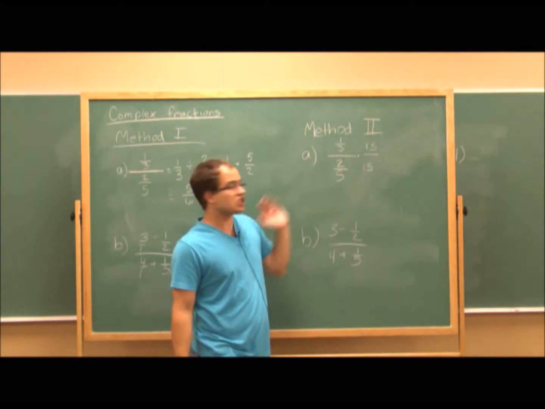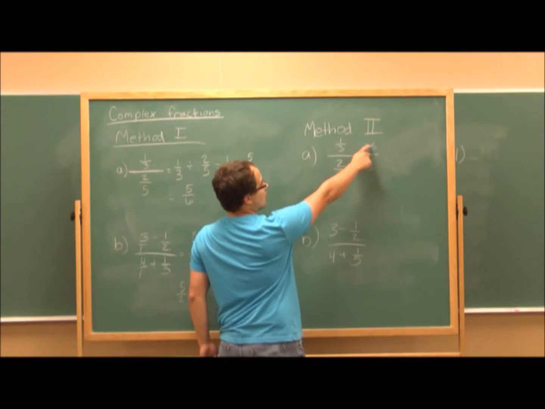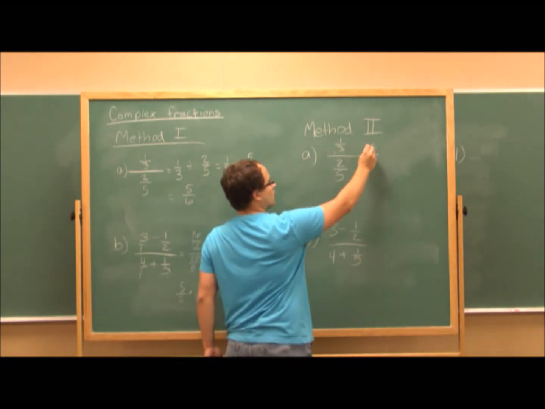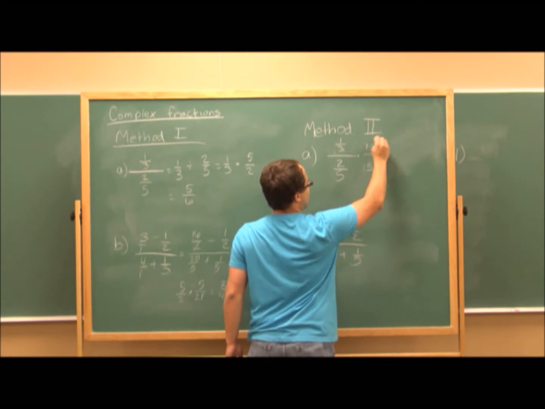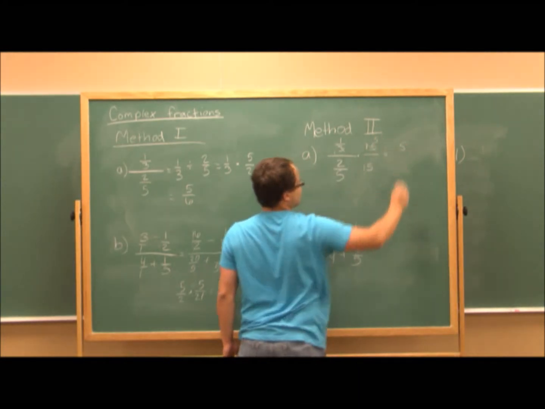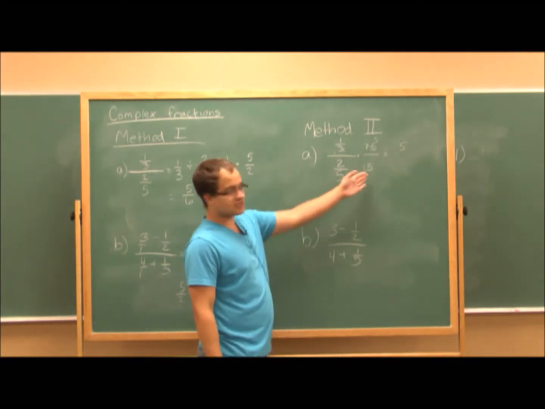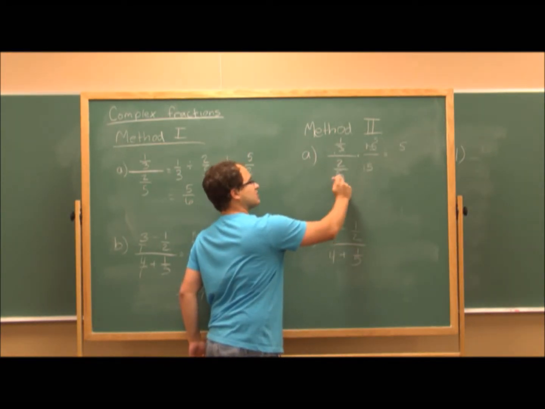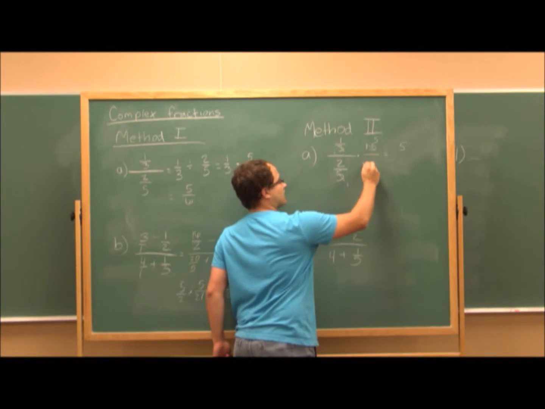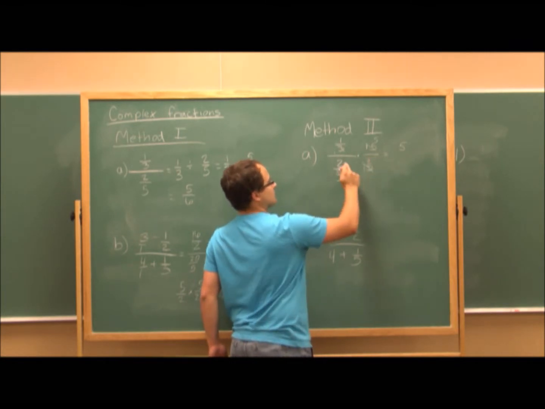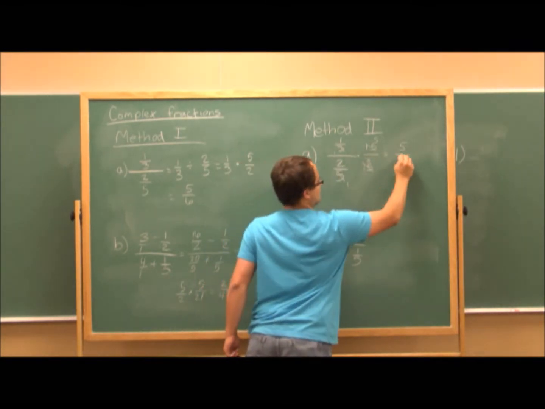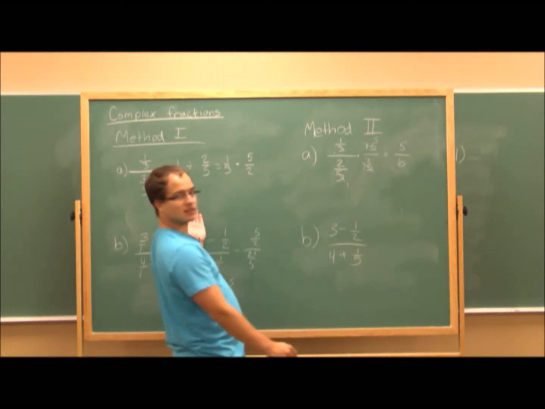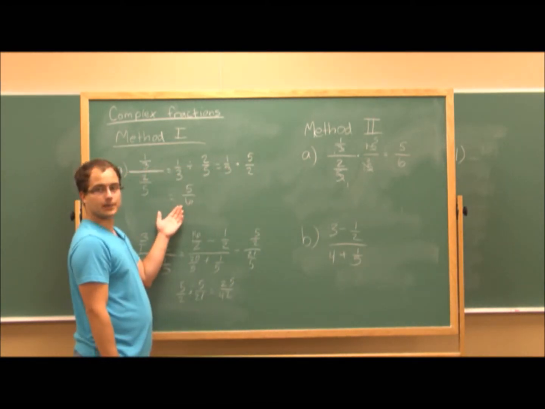So I'm not changing anything. So 15 times 1/3. Well, the third goes to a 1, the 15 to a 5. So I'm left with 5. 2/5 times 15. Well, the 5 goes to a 1 because 5 goes into 5 once, and 5 goes into 15 3 times. Then we have 2 times 3, which is 6, which was the same answer that we got over here.